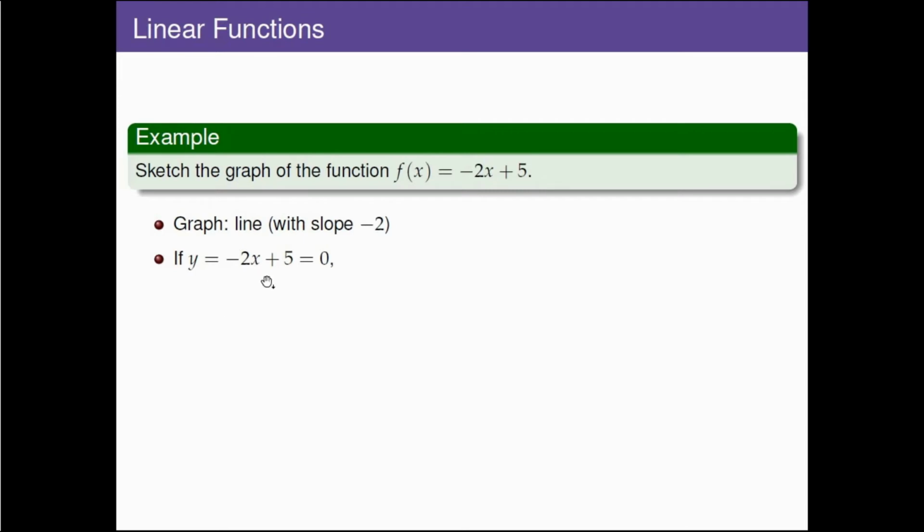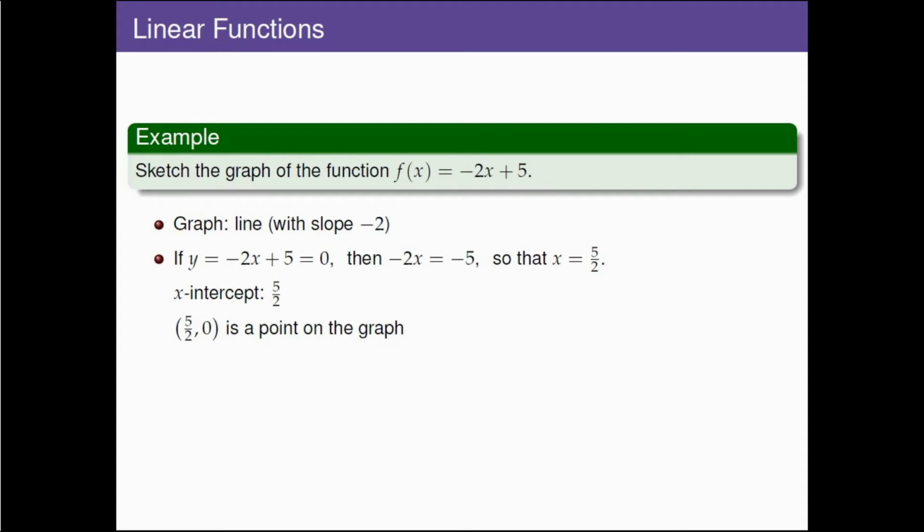If y = -2x + 5 = 0, solving this equation gives us -2x = -5, so that x = 5/2. So the x-intercept is 5/2.